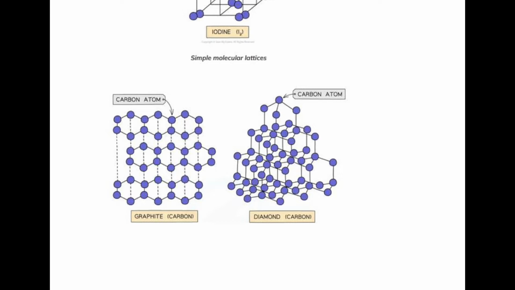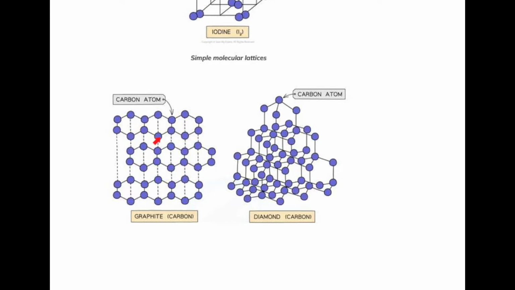And this is graphite. So graphite is a giant covalent lattice. You can see these are the carbon atoms that are arranged in a way. What kind of way is that? Let's say this is the carbon that we consider now. You can see it is linked to 1, 2, 3.